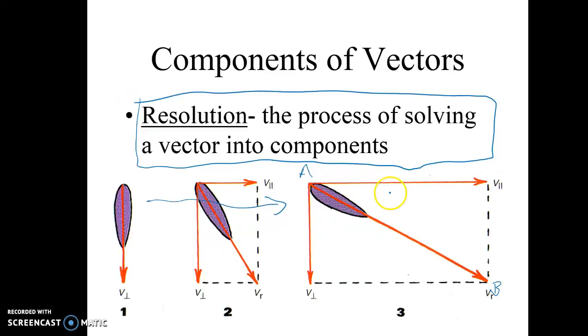So this is C. Sorry, we'll do this. That's A, and this is B. Okay? You're going from this point to this point, you can solve using A squared plus B squared equals C squared.